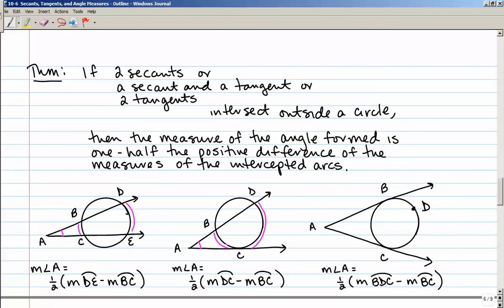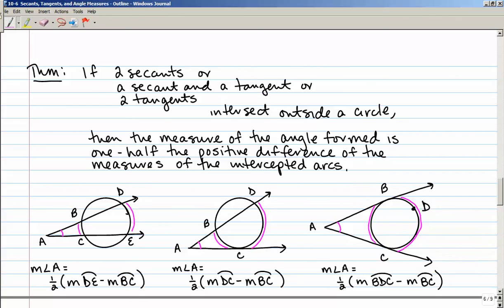And again, since it's like the first one, which was 2 secants, this one's a secant and a tangent, the measure of the angle is equal to 1/2 of the big arc on the outside minus the little arc on the inside. In our third example here, we have 2 tangent lines that meet outside the circle. So the measure of this angle A is going to be 1/2 of the big arc on the outside minus the little arc on the inside.